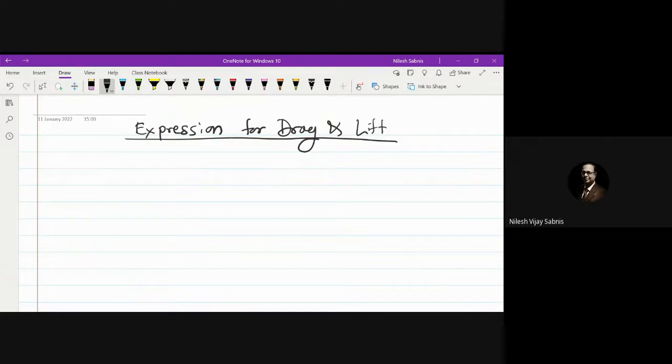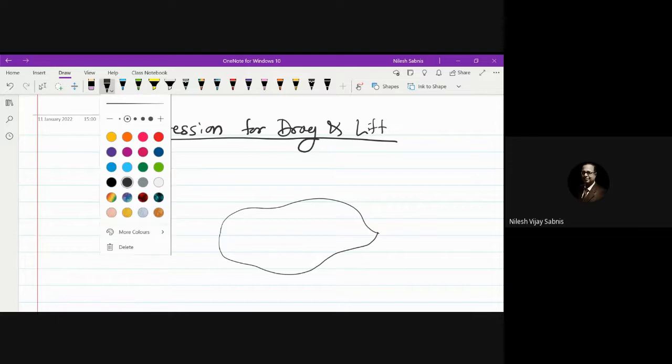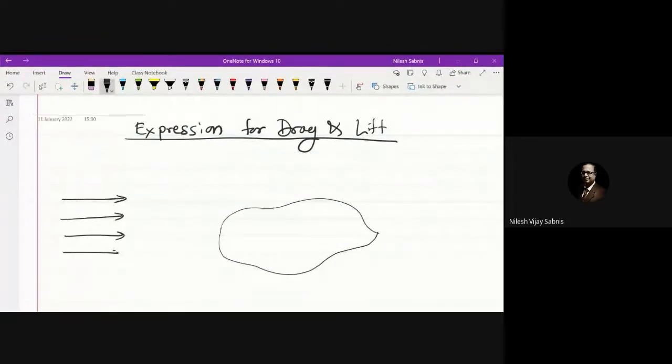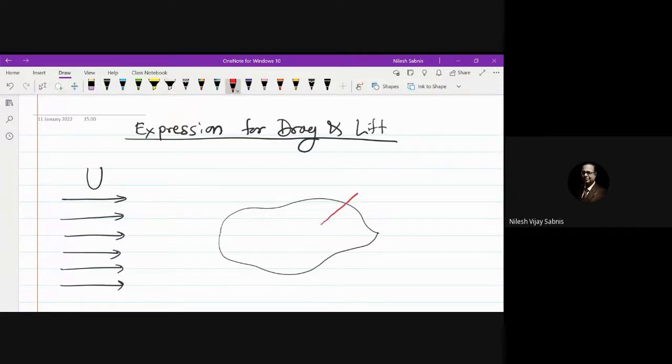This is a solid body with some arbitrary shape. On that solid body, remember this derivation is important again. U is the velocity. Due to that, again here we will get a total force Fr.